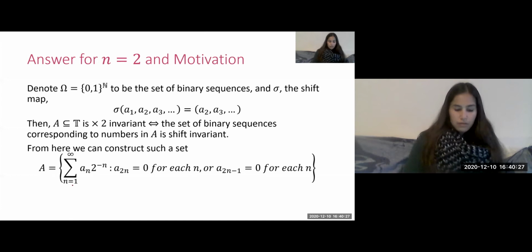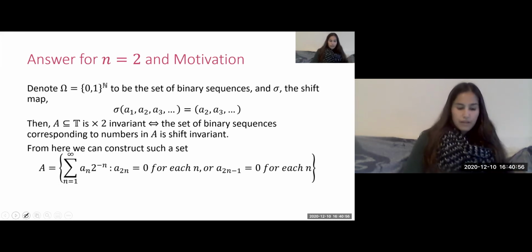And this would correspond to this set, which is a set of numbers between 0 and 1 that have only even powers or only odd powers in their binary expansion. So here we can construct infinite sets that are invariant under the times n map, at least for n equals 2, and you can try it in general for any n at home.